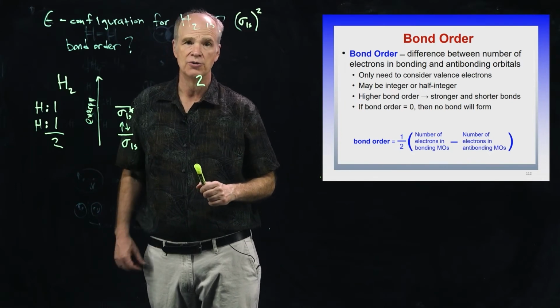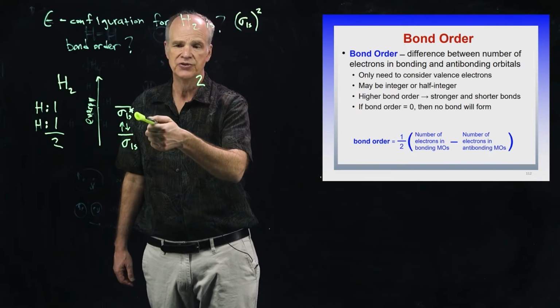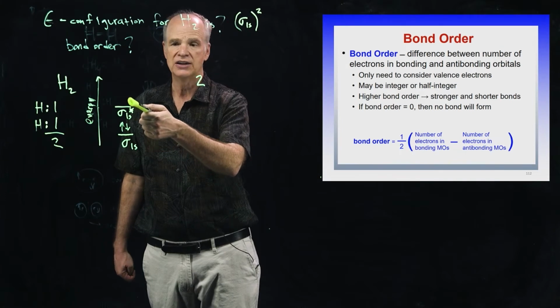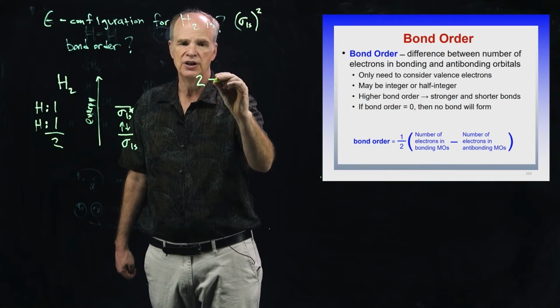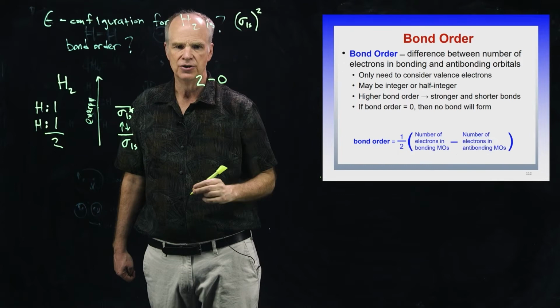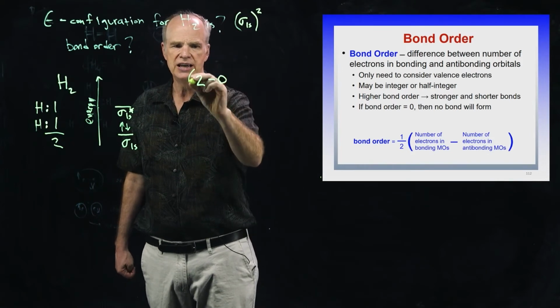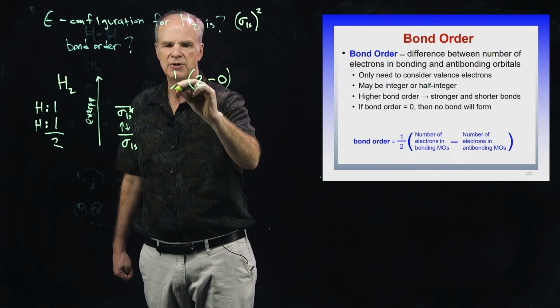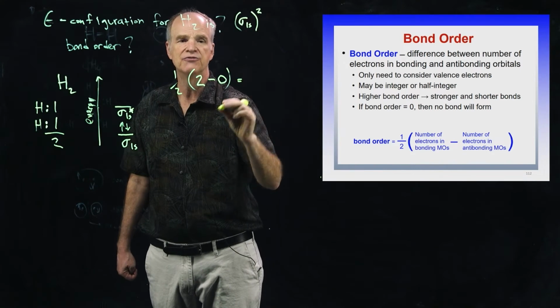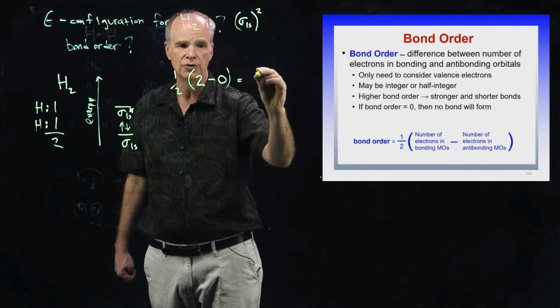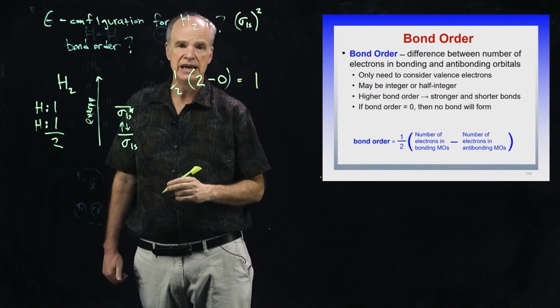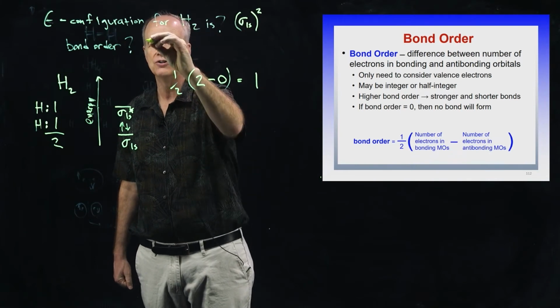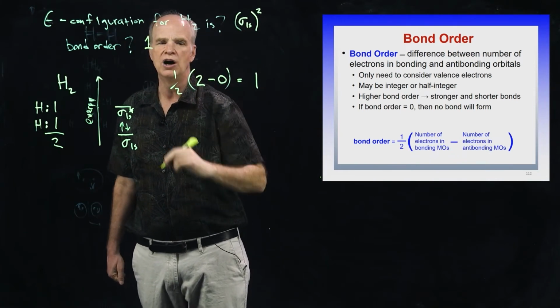Those are the orbitals that do have an asterisk. And so we have no electrons here. So we have no electrons in the antibonding orbital. And so what we do is we take this number and multiply by 1/2, and you can see that the value for the bond order for the H2 molecule is 1.